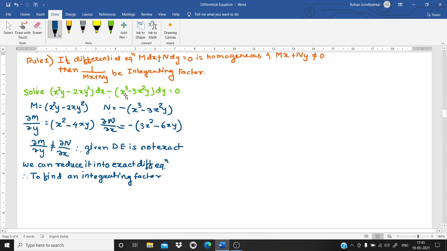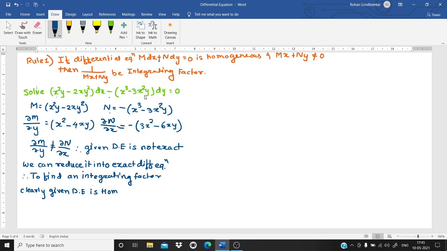So 2 plus 1, 3. Here x cube, the degree is 3. Next term minus 3x square y. The degree of x is 2 and the degree of y is 1. So 2 plus 1, again 3. So what happened? All the terms have degree 3. So that means all the terms have the same degree. Therefore, clearly the given differential equation is homogeneous.